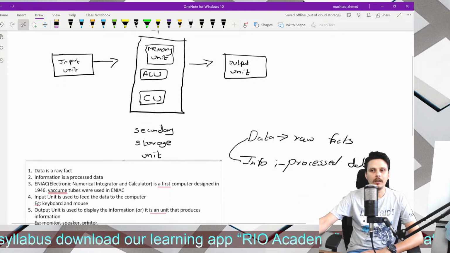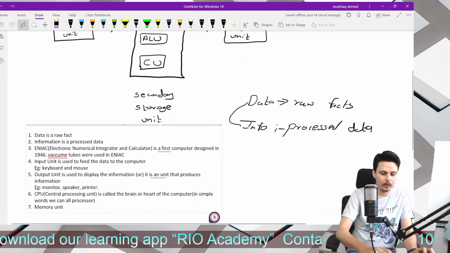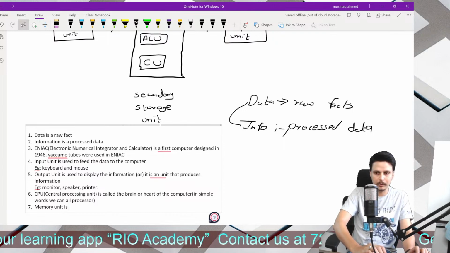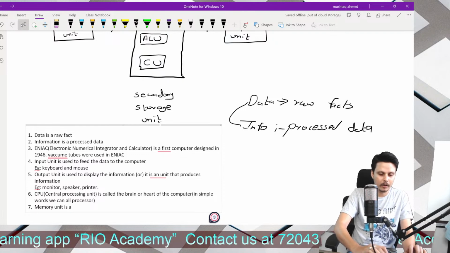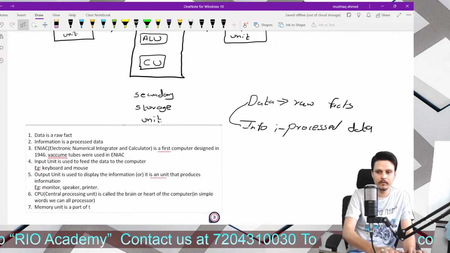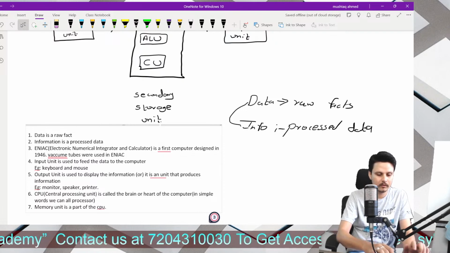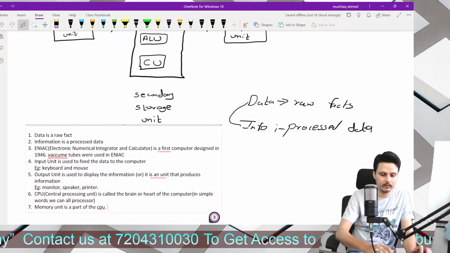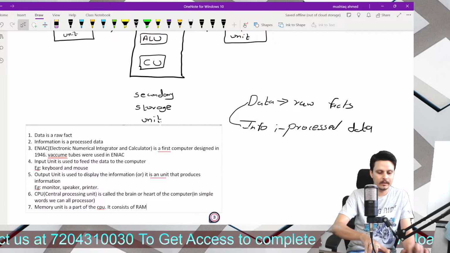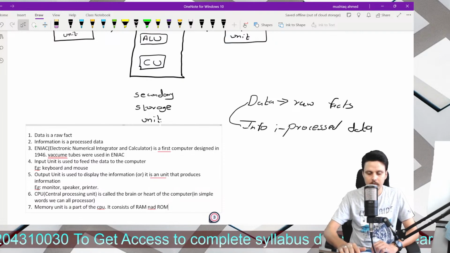The memory unit is stored inside the CPU, so it is a part of the CPU. It consists of RAM and ROM.